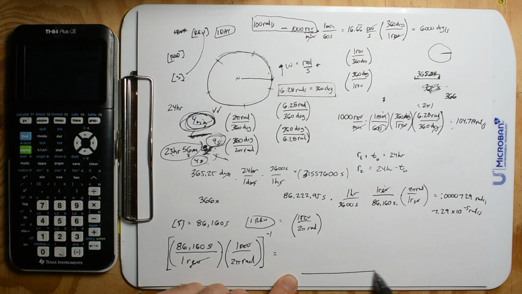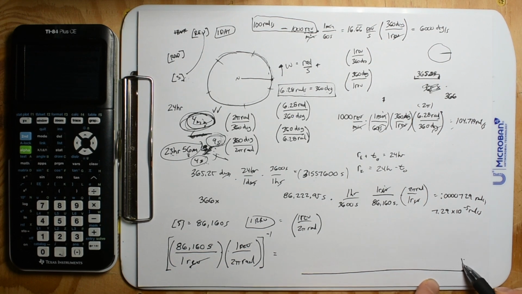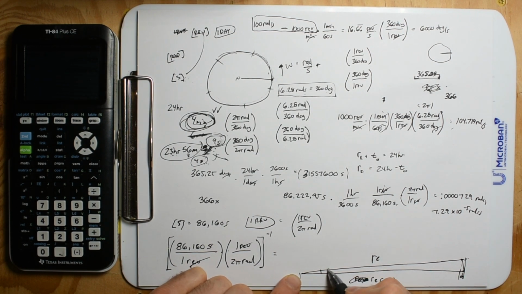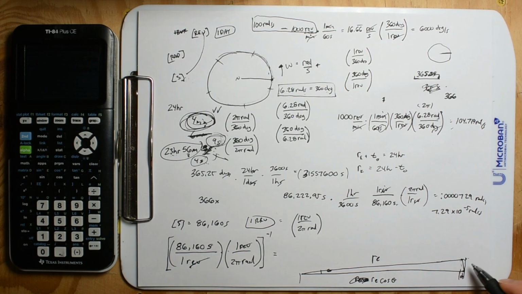So let's set that up, and we'll do this again. Here's our d. D is the radius of the Earth minus the radius of the Earth cosine theta. So this part is just the radius of the Earth cosine of our angle.